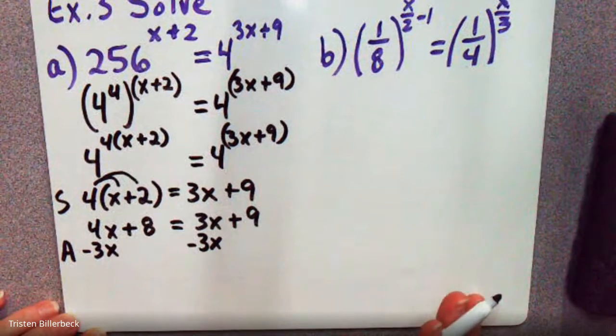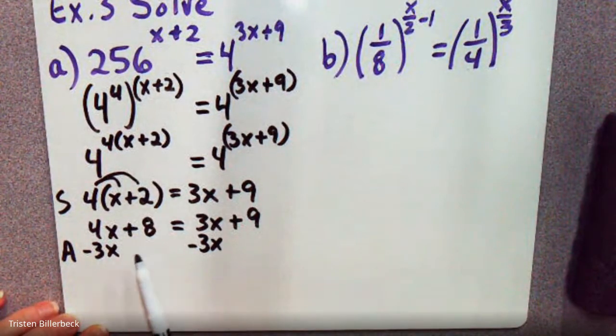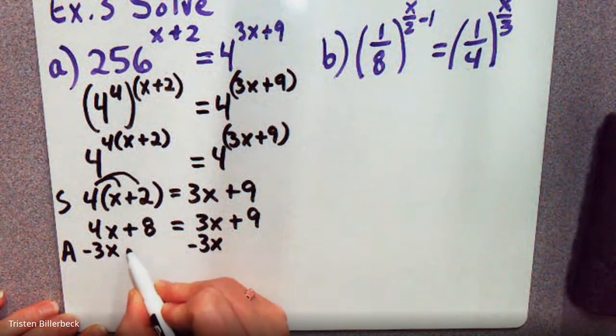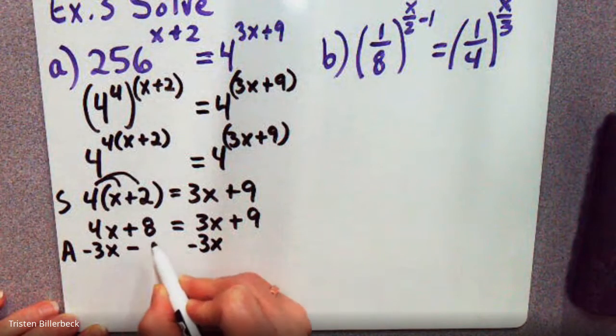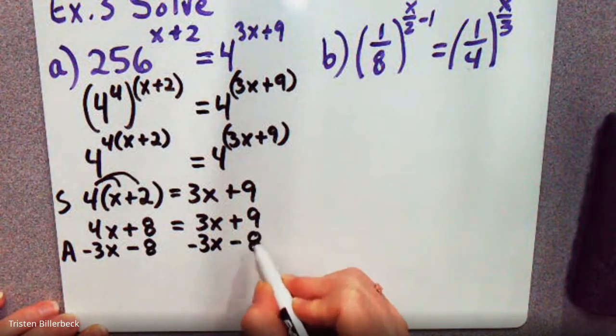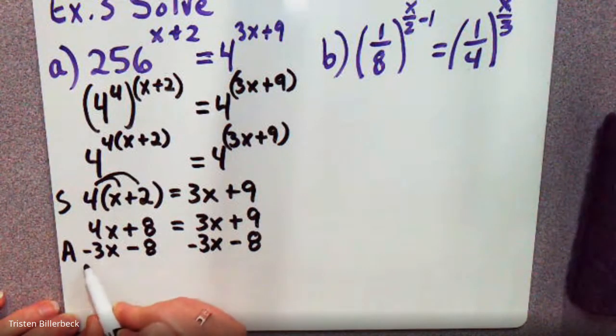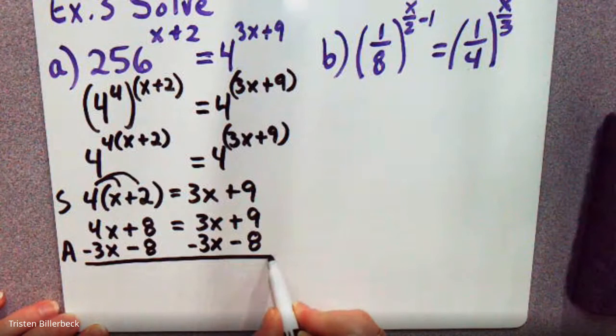Now I'm going to do 2 steps at once, so please fasten your seatbelts. I want this one over here. So I'm going to use the additive inverse of negative 8 to move that to this other side. So we don't have to do one additive inverse at a time. We can do 2 of them at a time.